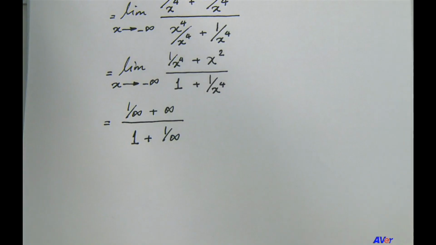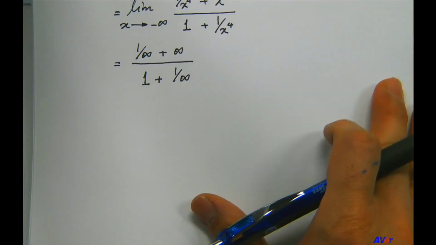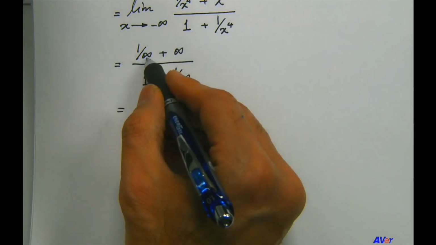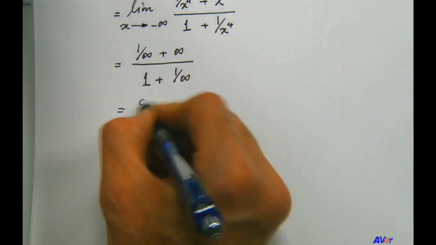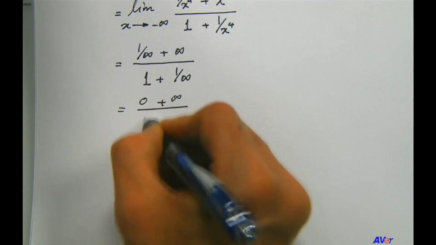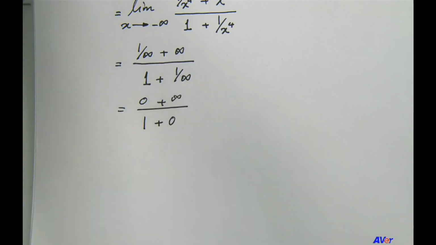Infinity to the 4th power is meaningless, right? Infinity to the 4th power is just infinity. Okay, so let's simplify. What do we get? 1 over infinity, or any number divided by infinity, is 0, plus infinity divided by 1 plus 1 over infinity, again 0, right?